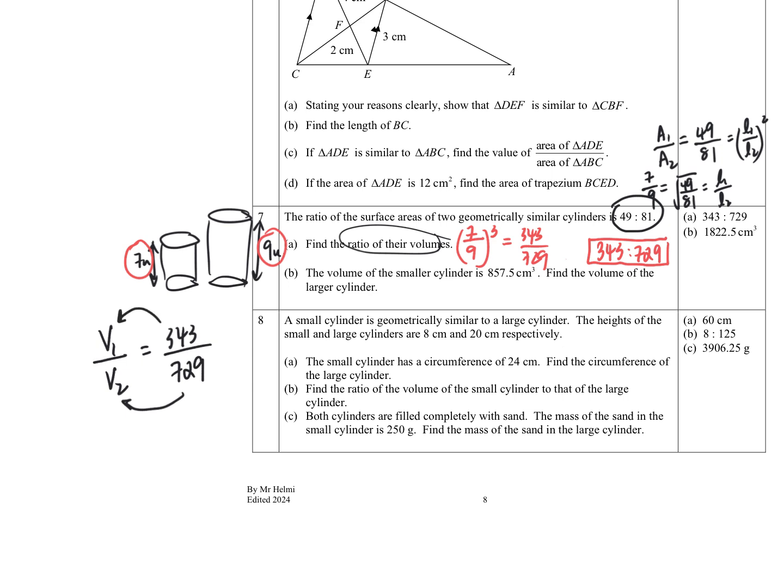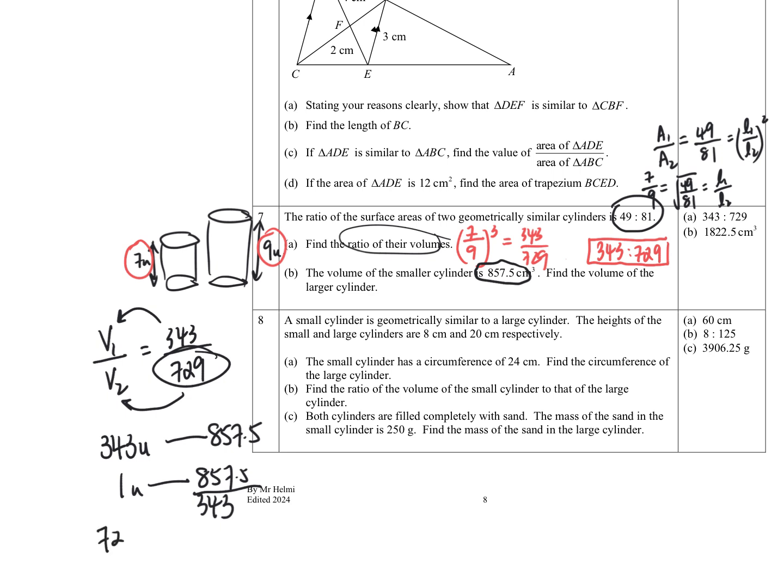So, now they say this is actually 857.5. So, again, back to primary school. 343 units is 857.5. 1 unit, you divide. So how to find 729 units?